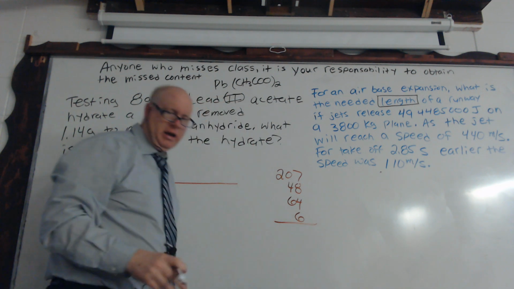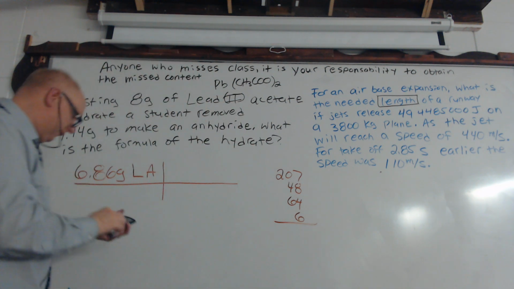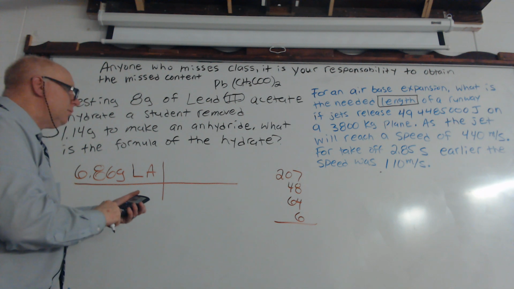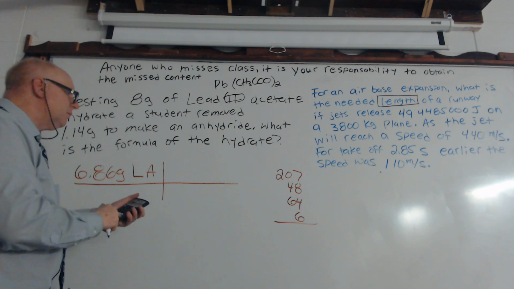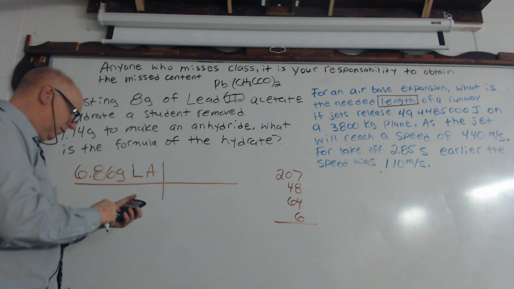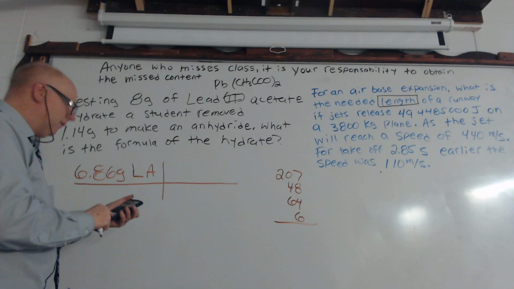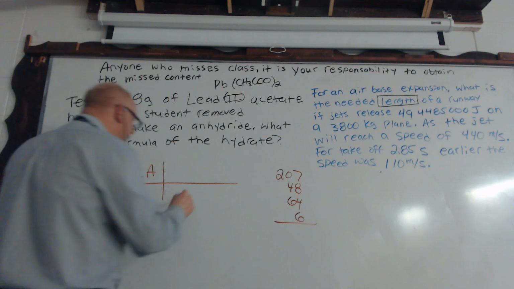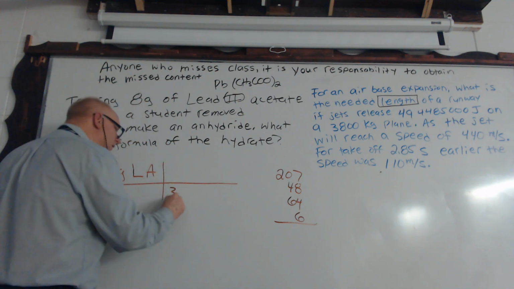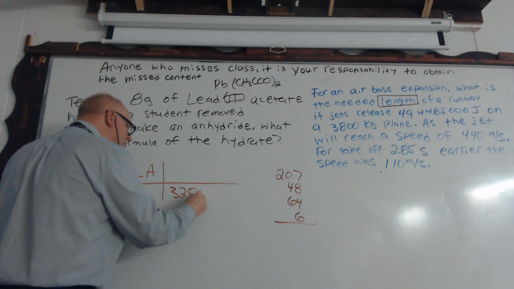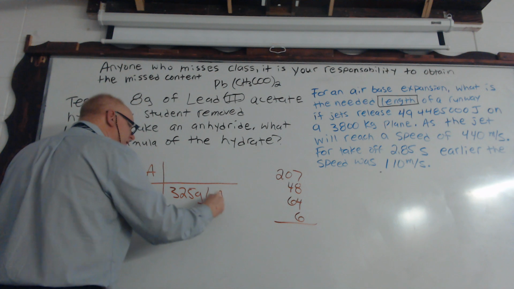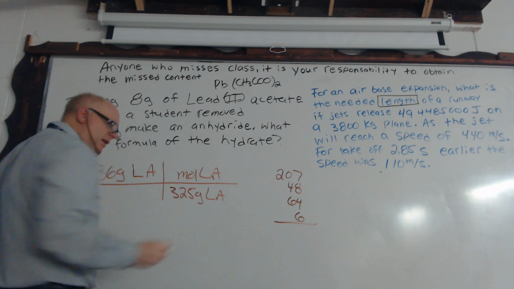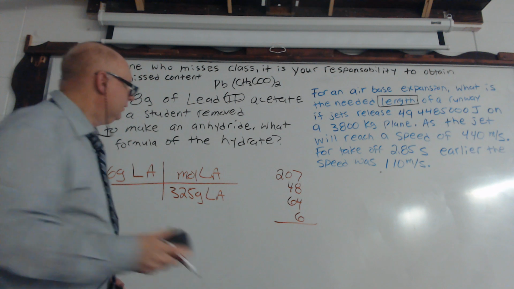Upon adding all that together, 207 plus 48 plus 64 plus 6 gives us around 325 grams per mole. 325 grams of lead acetate gives you a mole of lead acetate. Okay?